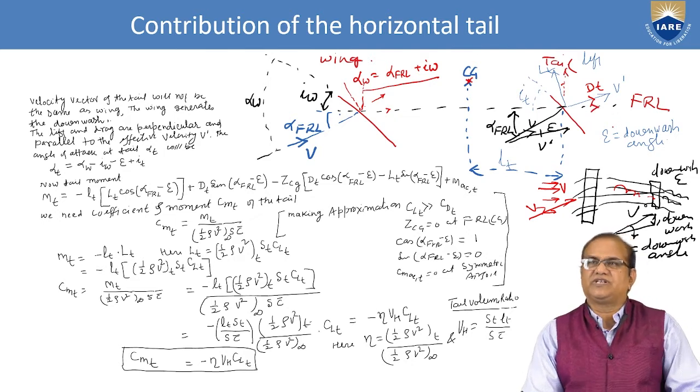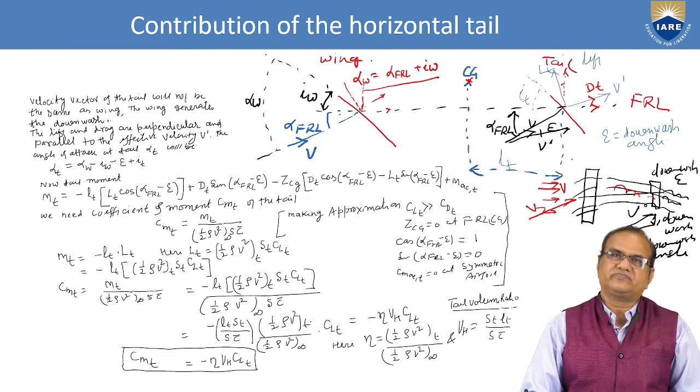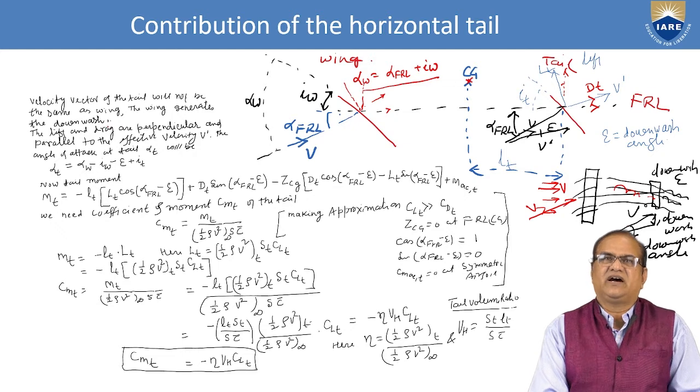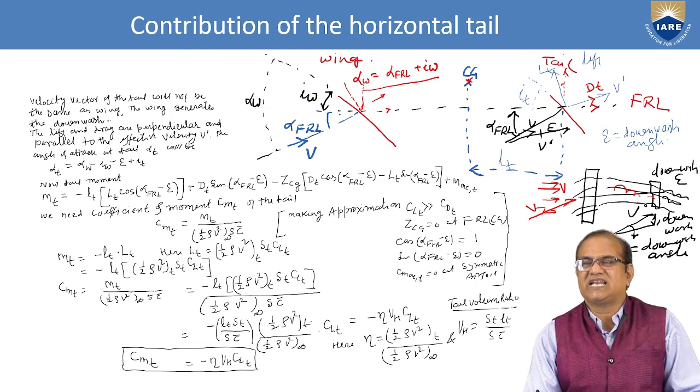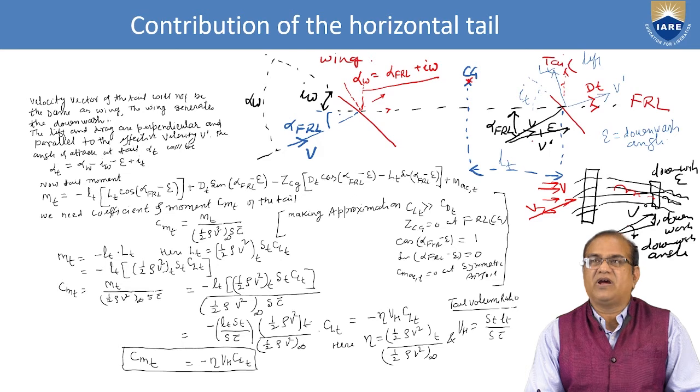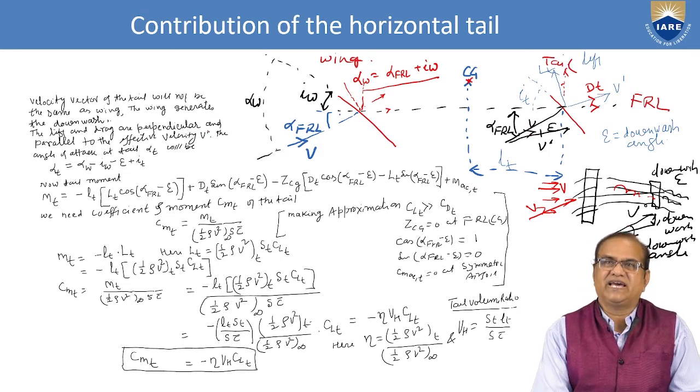So the velocity vector of the tail will not be the same as the wing. The wing generates the downwash, and the lift and the drag of the tail are perpendicular and parallel to the effective velocity V prime, not V.